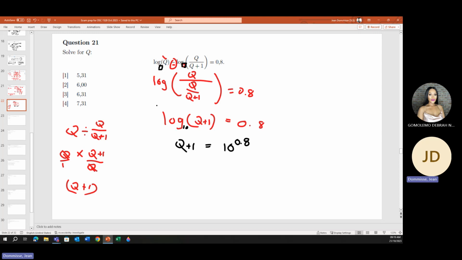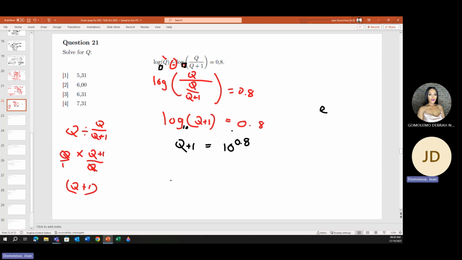So to get rid of logs on both sides, we take e, and then if we take e, that will fall away, and it becomes basically 10 to the power of 0.8.